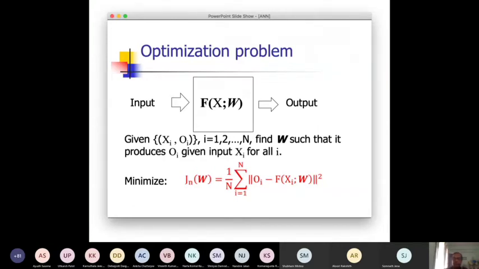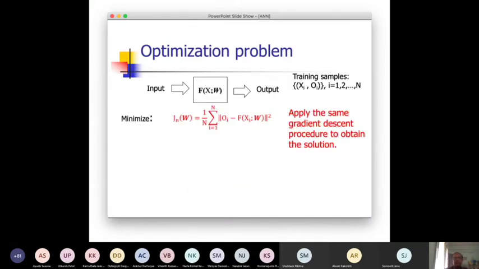So we will be using that same mean squared error, and we would like to minimize it. Naturally, if W is the set of parameters, then this is the problem. And once again, you can apply the gradient descent procedure to obtain the solution. Fine.